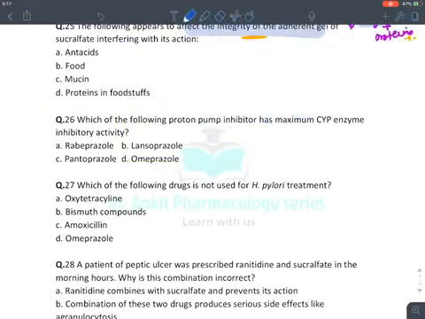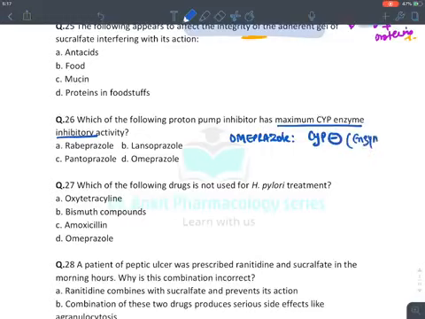Now, which of the following proton pump inhibitors has maximum CYP inhibiting activity? So, let's talk about certain properties of PPI. Omeprazole has maximum CYP inhibiting activity. It is a CYP inhibitor, so it is an enzyme inhibitor. Least enzyme inhibition is by pantoprazole.